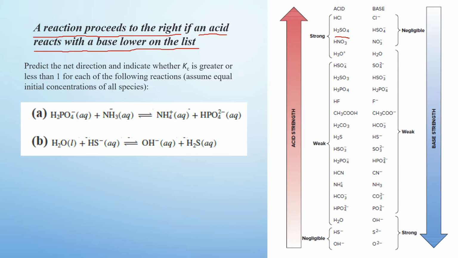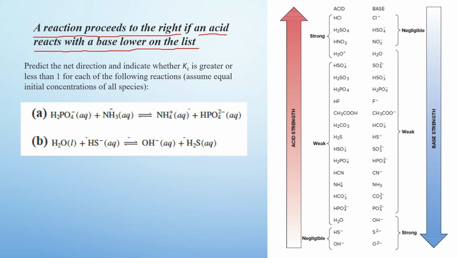Let's work on a couple of example chemical reactions and determine the direction of the net reaction. Again, we're going to assume that all the species have the same initial concentration, and we want to determine the direction of the net reaction before it reaches equilibrium.